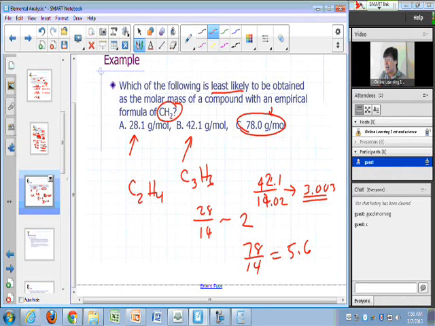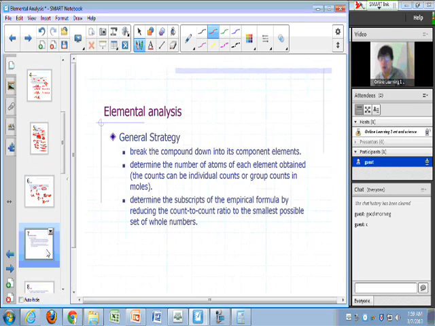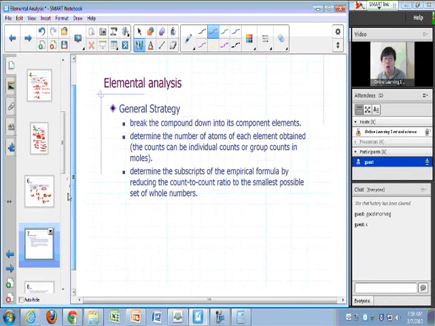It's not exactly an integer, but that's okay because when we do experiments, we will be subject to random error. So you don't expect to get exact integer numbers, but you should get something very close to an integer or a whole number. So going back to the main topic, which is elemental analysis.